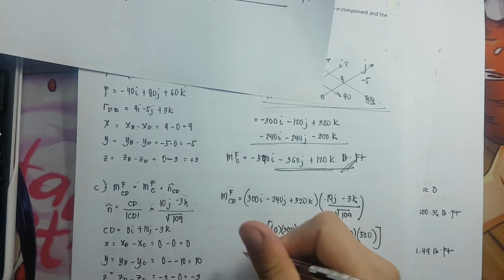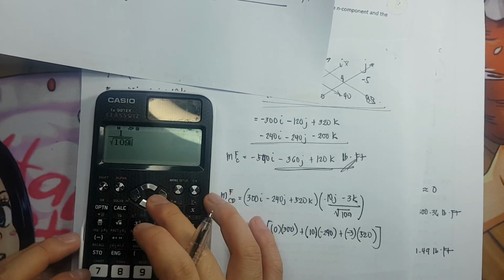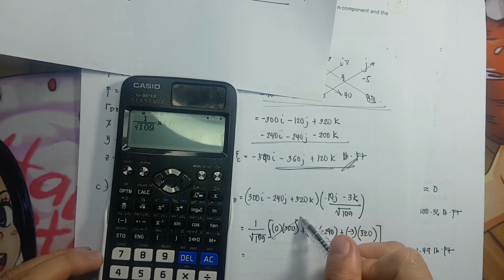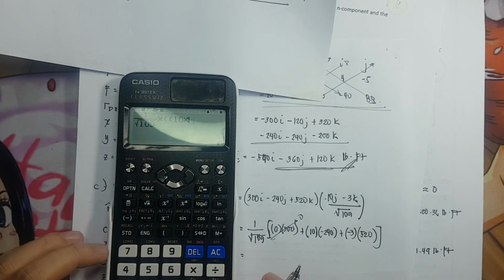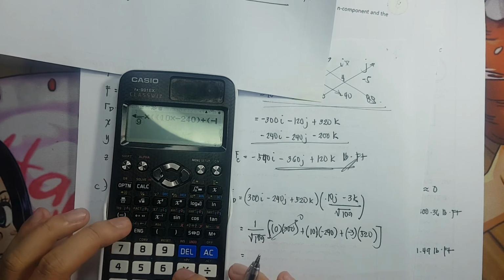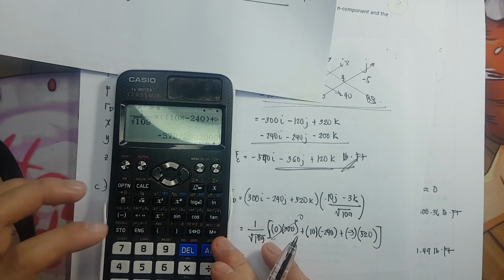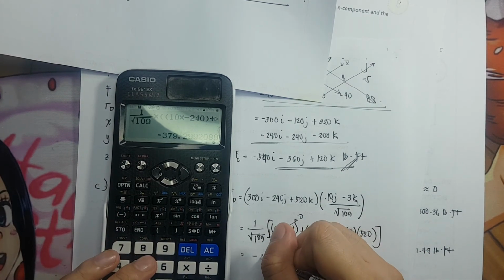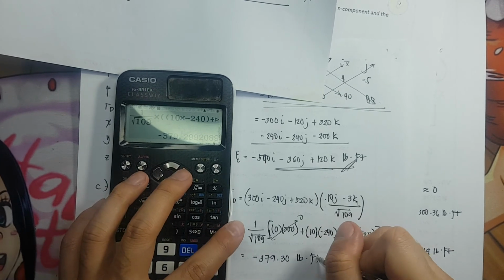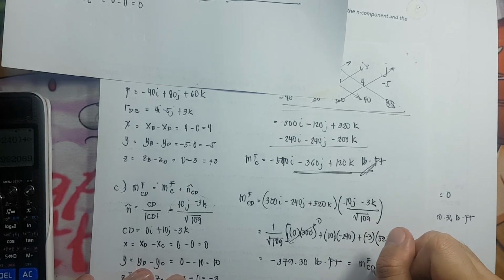Input that in your calculator: 1 over the square root of 109 times 10 times negative 240 plus negative 3 times 520, and that is equivalent to negative 379.30 pound-feet. And this is the moment of F with respect to CD.